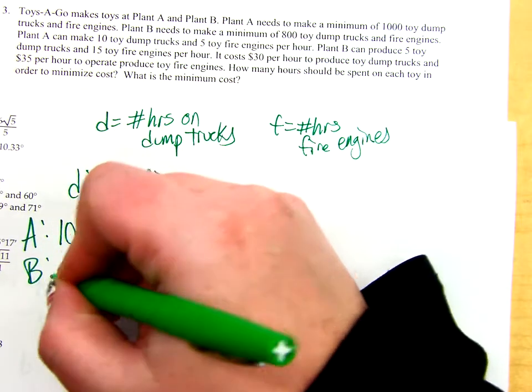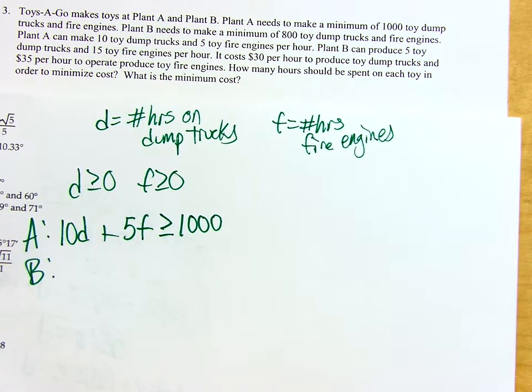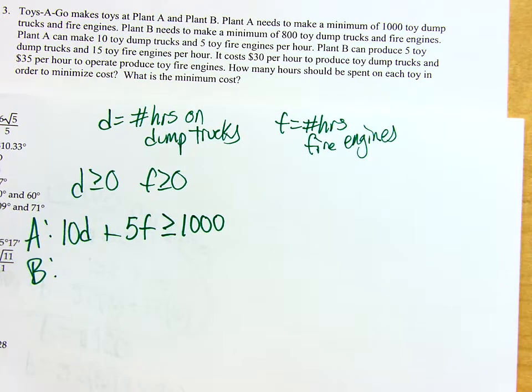See if you can do the same thing with Plant B. They need to make a minimum of 800 toys altogether. They can do 5 dump trucks and 15 fire engines.